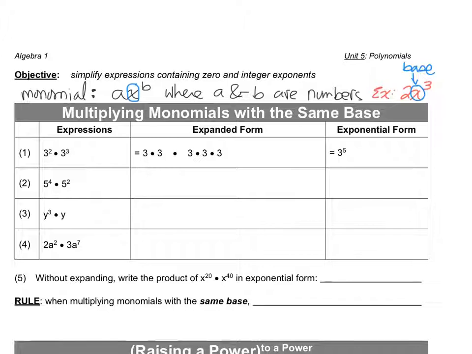All right. The equivalent relation in an expanded form would be to say if you have something like 3 squared, that's 3 times 3. 3 cubed is 3 times 3 times 3. If I put it all together, I have a total of 5 3's being multiplied. That's the same as saying 3 to the 5th power. All right, so in the expanded form for the second one, I would multiply 5 by itself a total of 4 times first.